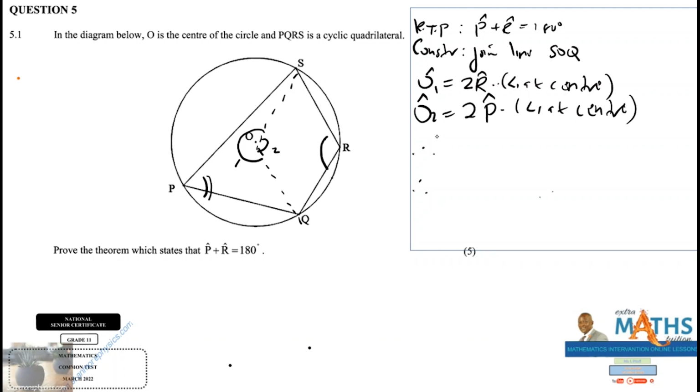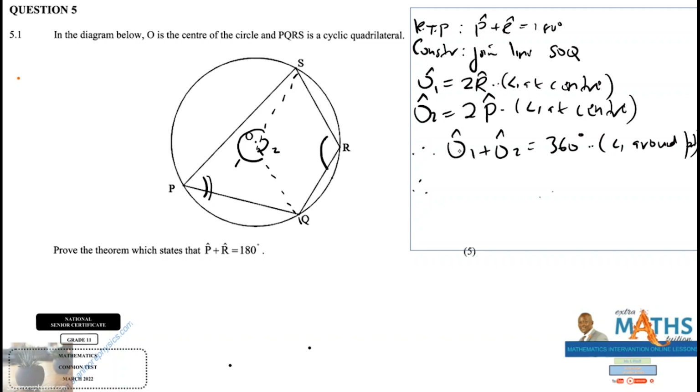Now we can conclude that angle O1 plus angle O2 is equal to 360 degrees, angles around a point.